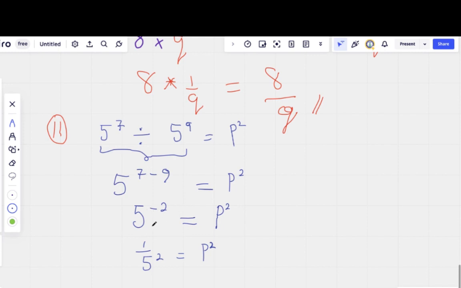so we can equate this one, but in this regard it will not be just 5, it will be 1 all over 5. Okay, because this whole thing is the same.